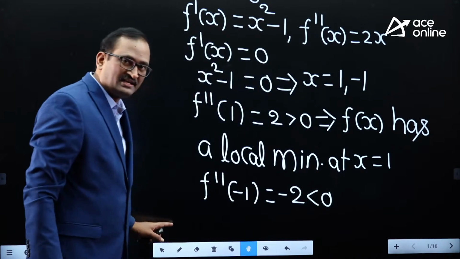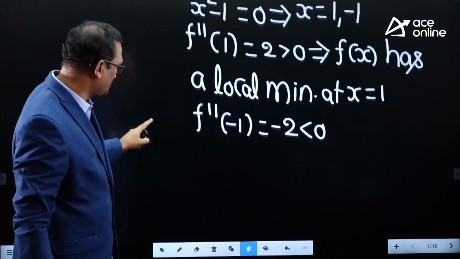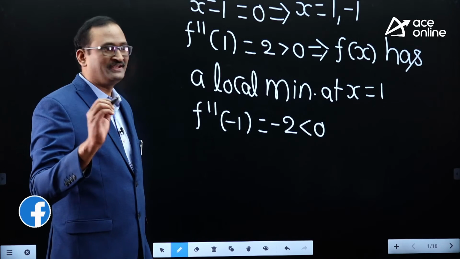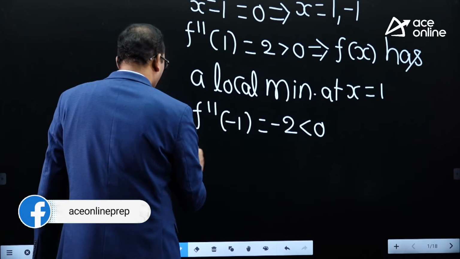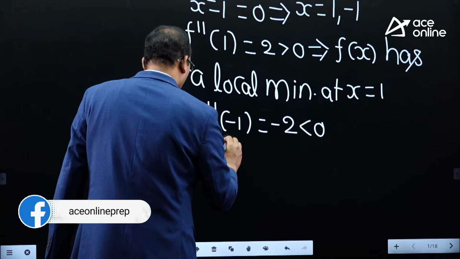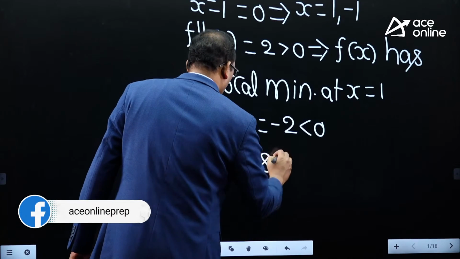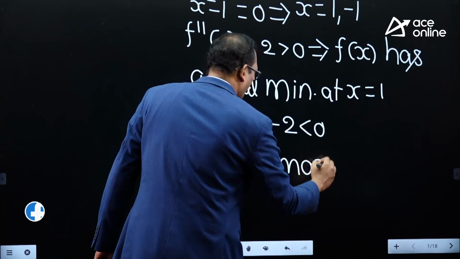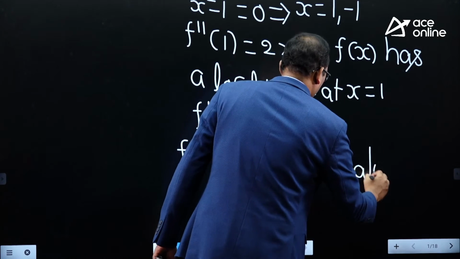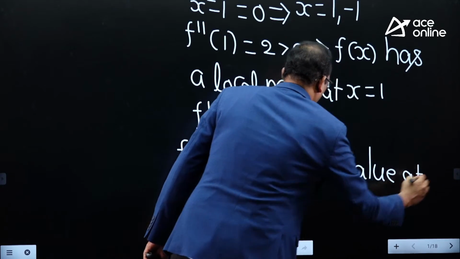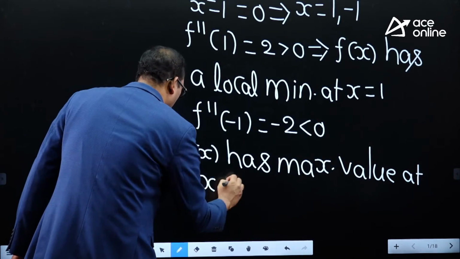If f double dash x at any critical point is less than 0, then the function has a maximum value there. So f of x has maximum value at x equal to minus 1.